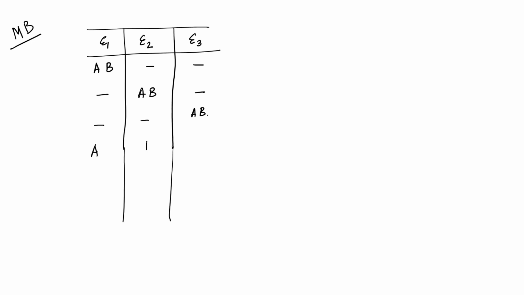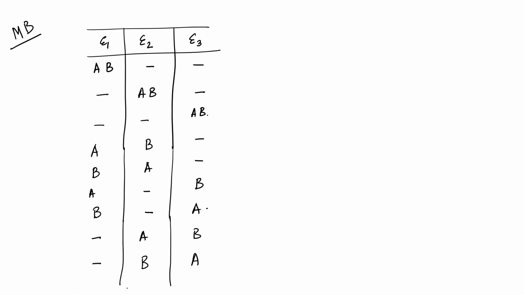Or we can have A and B in one state and nothing in the other, or we can have B and A and nothing here, we can have nothing here and B here, or we can have B, nothing here and A here, or nothing here, A and B, and nothing here, B and A. Each of them is a distinct configuration for the problem.